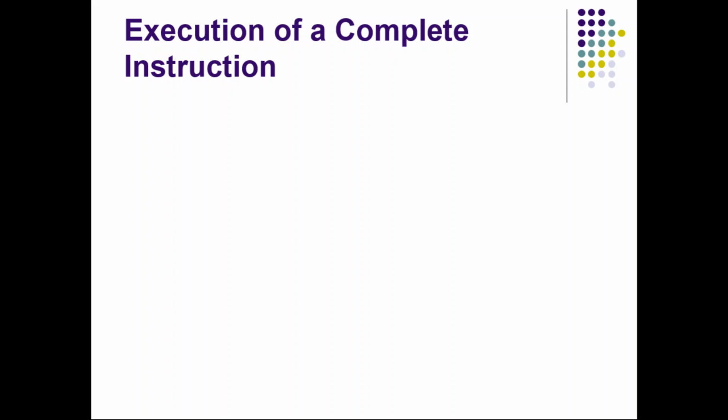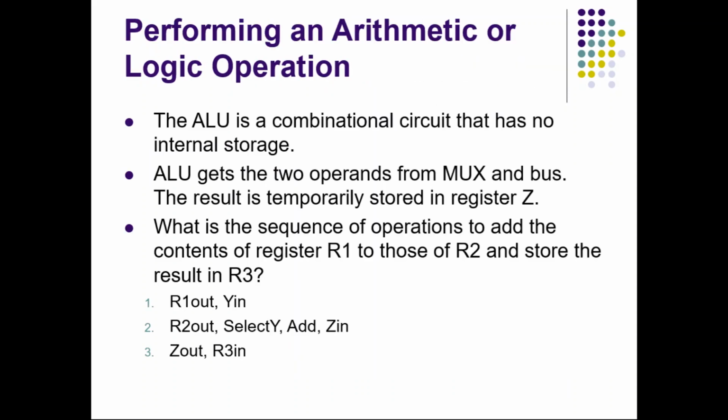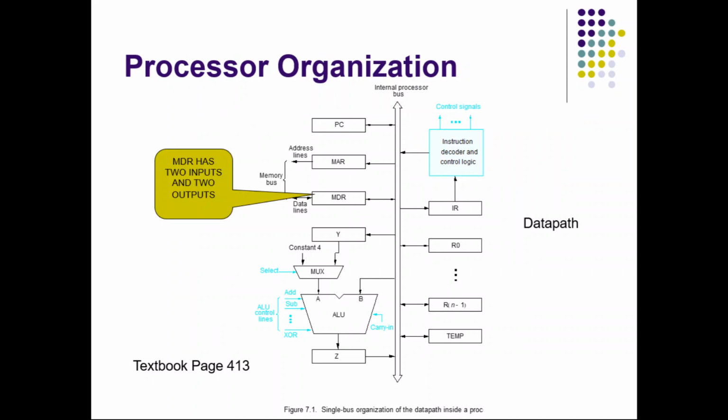So for the first two things, that is execution of a complete instruction and execution of the branch instruction, we will assume that the processor or the CPU is having only a single bus architecture, which we have already discussed. So this architecture we will consider.